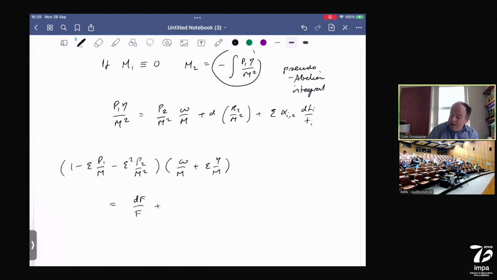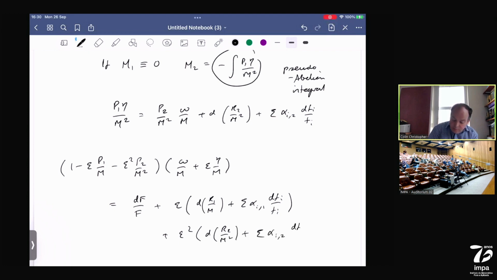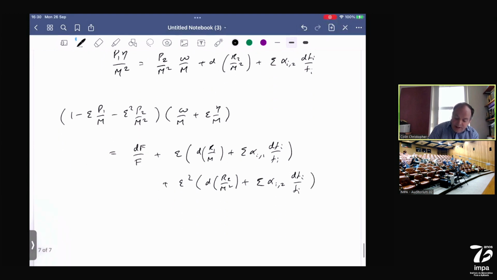So we get the initial term plus the term we had last time, which was d r1 over m plus the sum of alpha I1s dfi's over fi's, plus the second order term, which again is exact, plus now a third term, which will now represent my m2, so this will be epsilon cubed p2 eta over m cubed.